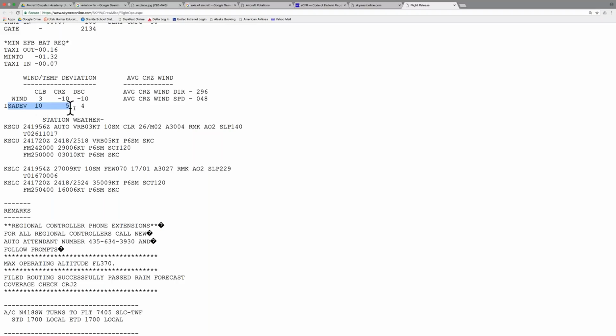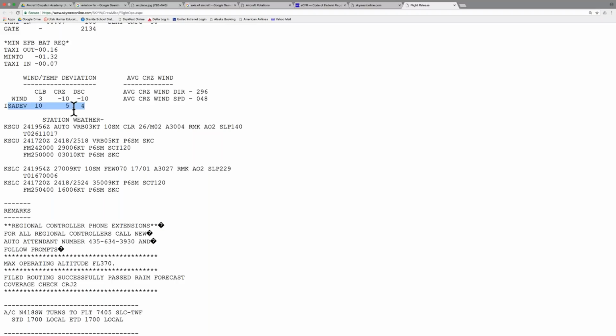So ISA deviation, this is the deviation from our standard temperature that we plan for. When we get into weather, we'll talk about this ISA deviation a little bit more. But basically what happens is the higher in elevation or the hotter the air is will affect the performance of the aircraft.